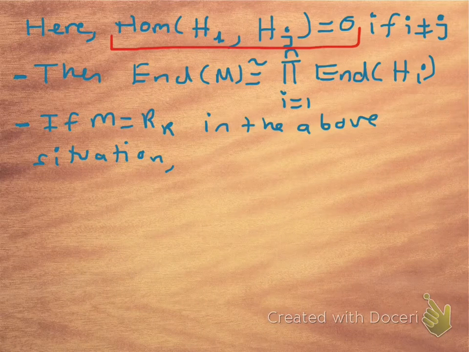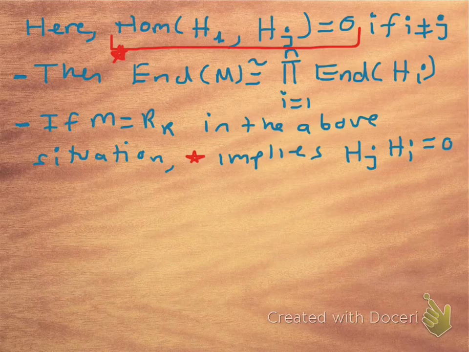This fact implies, and let's mark it with an asterisk, if I can do so, 1: for distinct pairs of indices j and i, h_j times h_i is equal to 0. That's the first thing that happens.